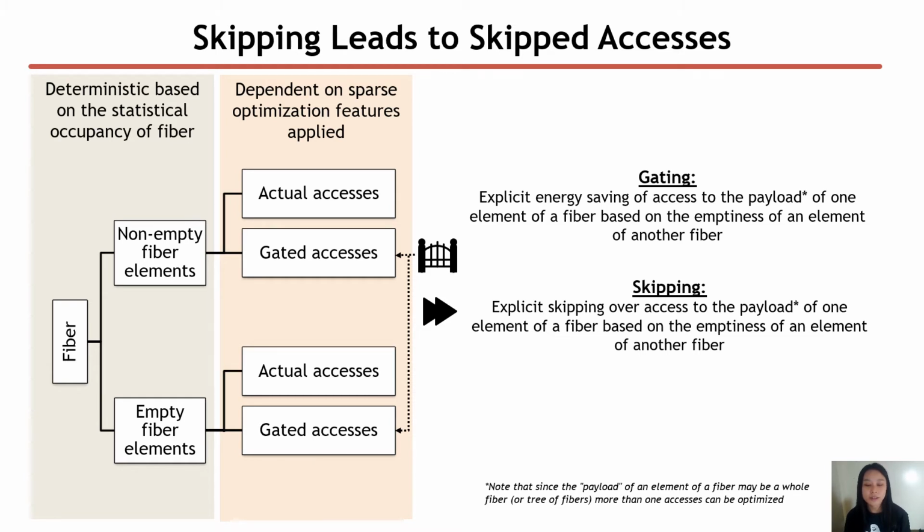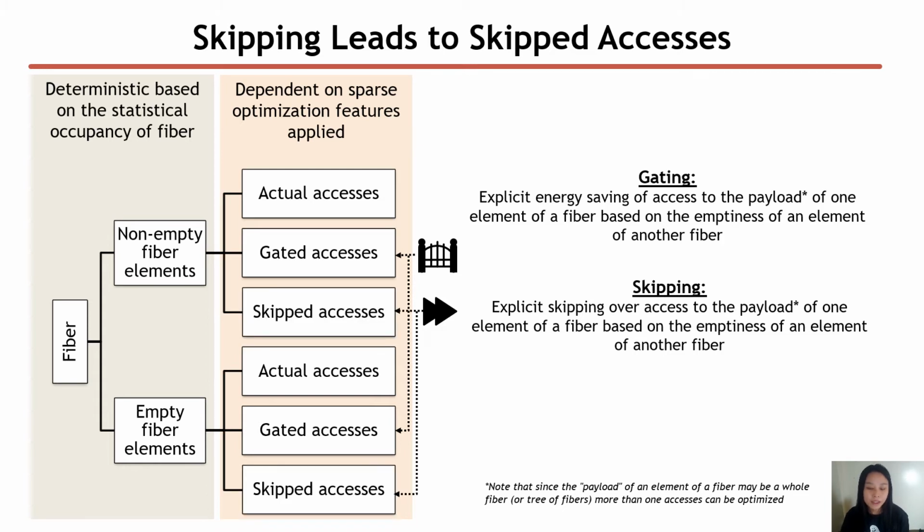Skipping is the explicit elimination of accesses and computes based on, again, the payload of another element in another fiber. And as you can imagine, skipping also leads to another type of access, which is the skipped access.